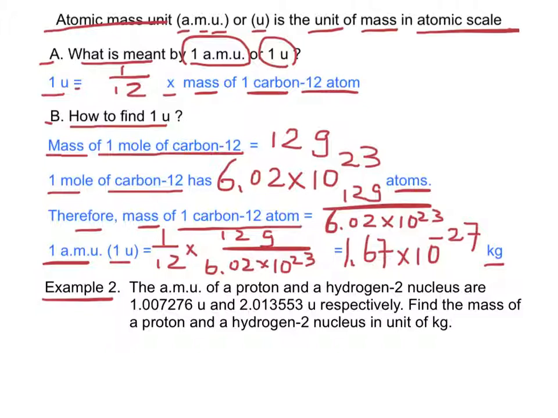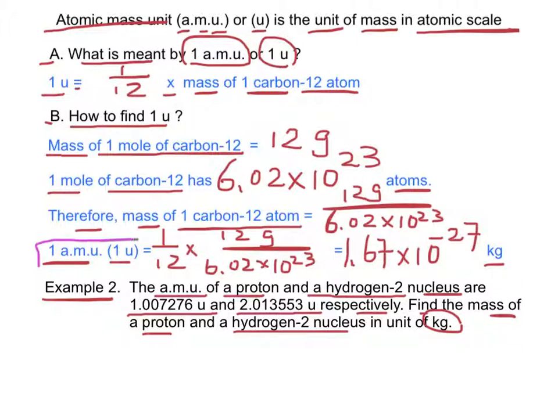Example 2. The atomic mass units of a proton and a hydrogen-2 nucleus are 1.007276 U and 2.013553 U respectively. Find the mass of a proton and a hydrogen-2 nucleus in the units of kg.